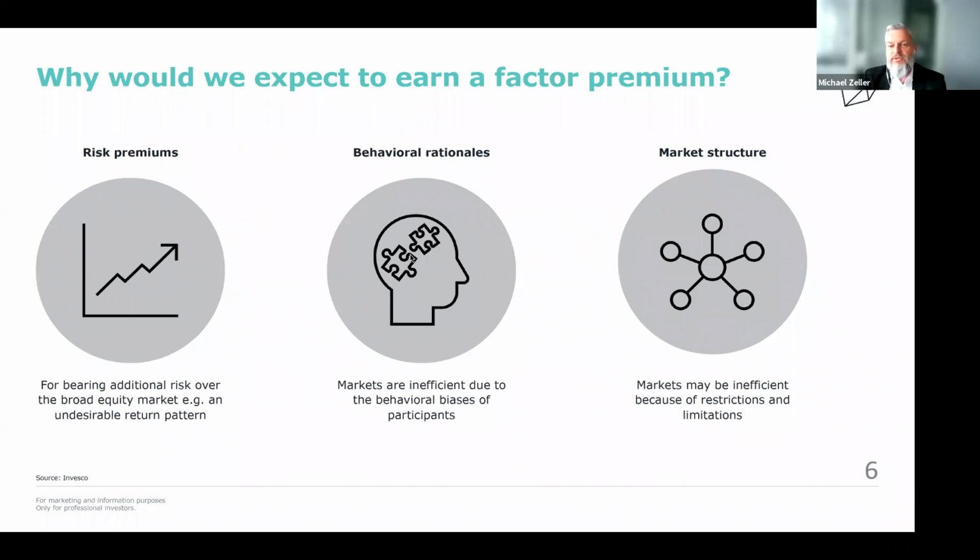And therefore, because they cannot buy them, most probably these stocks would be undervalued. And as they would be undervalued, that would mean, of course, that this undervaluation would have the potential to turn into later outperformance potential. So that would be an explanation coming from the market structure side.